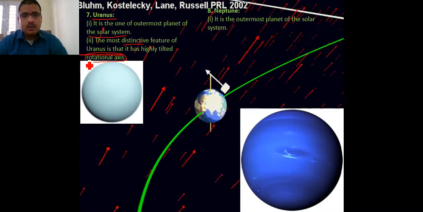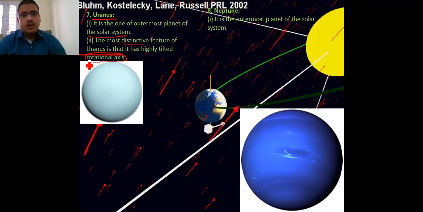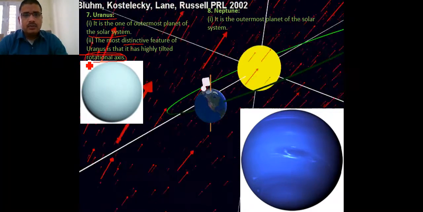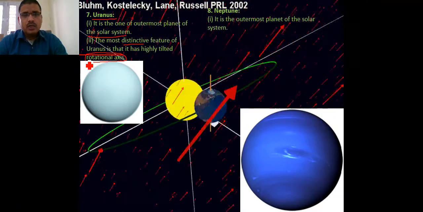When we talk about Uranus, it has a highly tilted rotational axis. That means its rotational position is very tilted.